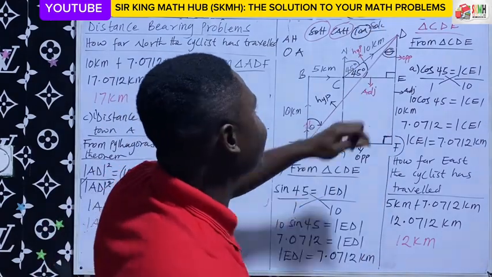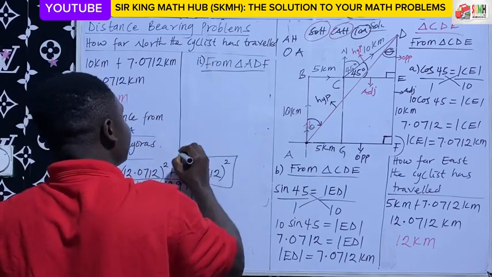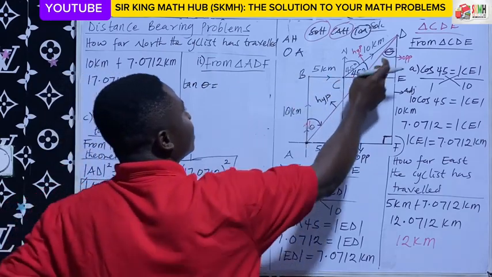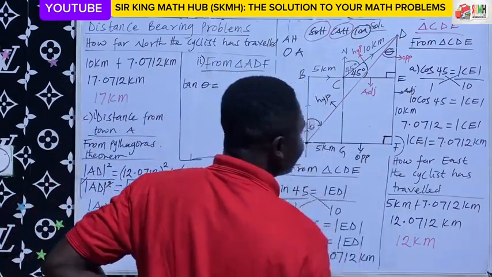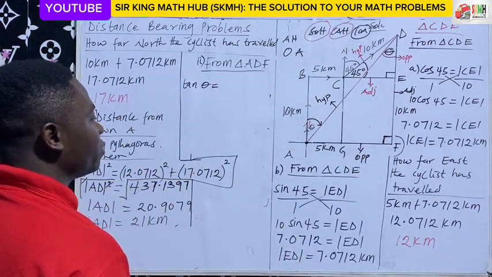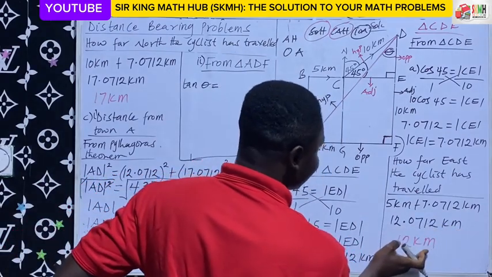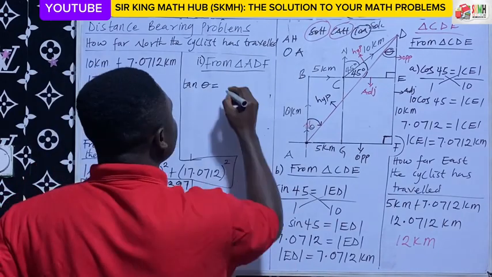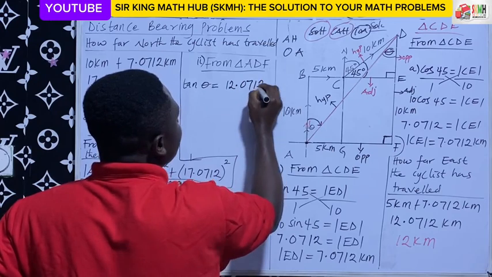So from the bigger right angle triangle, tan theta should be equal to the length of the opposite, which is how far east the cyclist traveled. We are not going to use the estimated value; we're going to use the 4 decimal places, 12.0712.